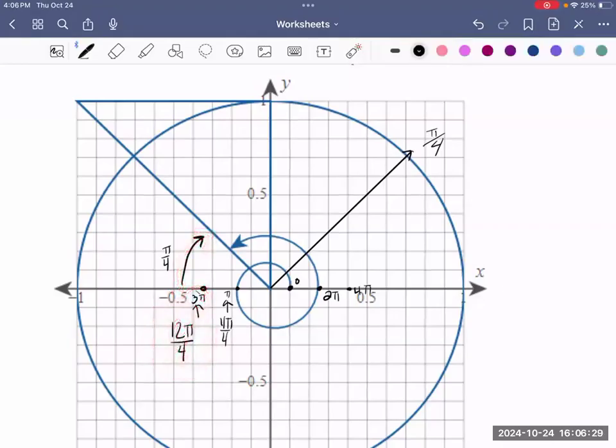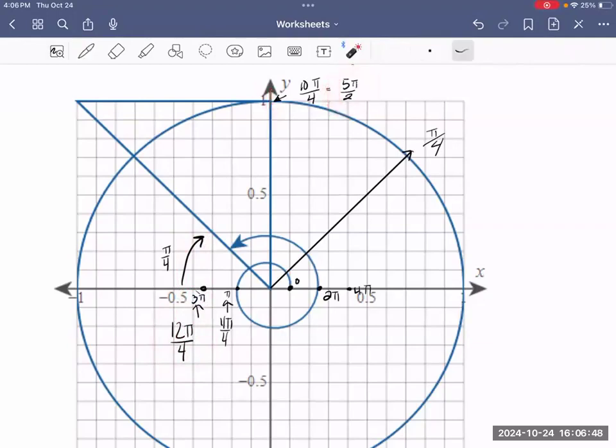And over here as well, if this was 10 pi over 4, which means it's now 5 pi over 2, so this is the real angle of 5 pi over 2.